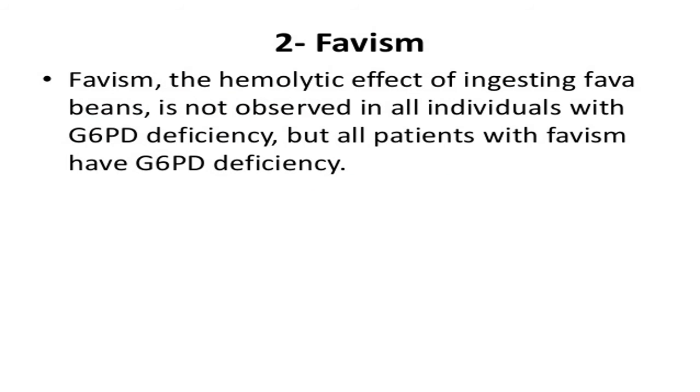Favism: favism is the hemolytic effect of ingesting fava beans. Fava beans are a type of beans. It is not observed in all individuals, but only in those with G6PD deficiency. That is, you can say that they are allergic to fava beans. But not all patients with G6PD deficiency will have favism.